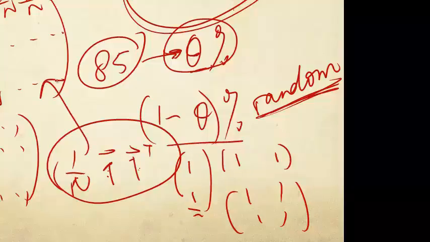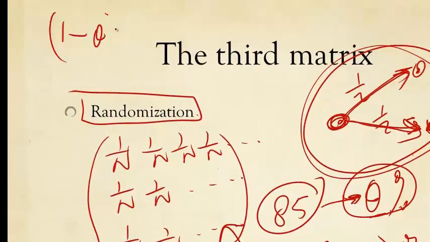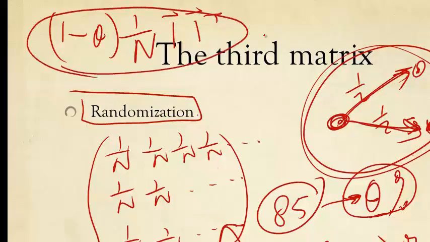So the third matrix is simply 1 minus theta times the normalization 1 over n and this matrix of all ones, vector 1 outer product with vector 1. And then don't forget the original theta percent of the time you will follow H, or better still the modified H hat.